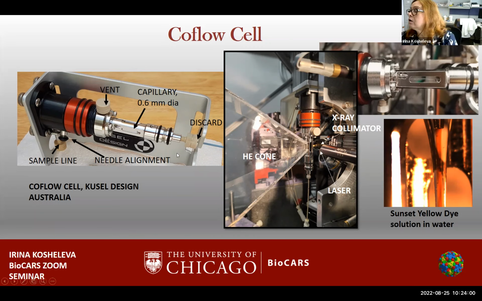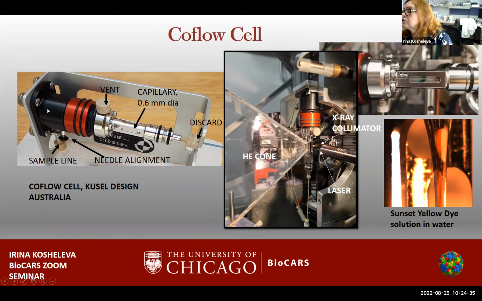This cell can be mounted either horizontally or vertically at our beamline. It can intercept pseudo-collinear, collinear, and orthogonal beams. It is compatible with our visualization optics and helium cone, and there are a few pictures here of how it is mounted horizontally or vertically. It consists basically of a support which can be mounted one way or another.